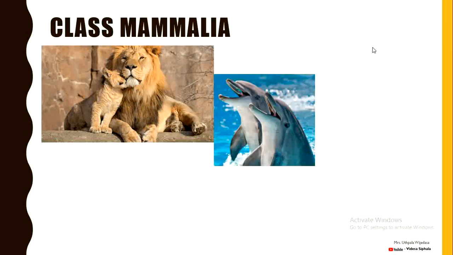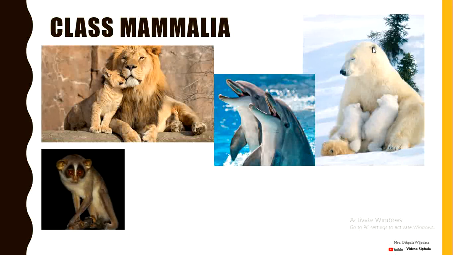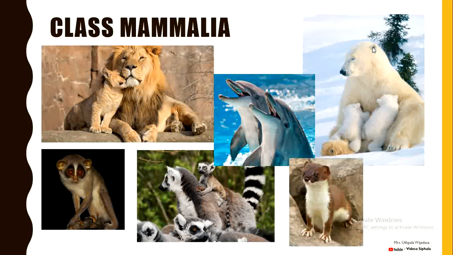There are aquatic varieties, but most of them are terrestrial, and the bat also belongs to this group, which is an arboreal animal. So this class has a huge diversity.